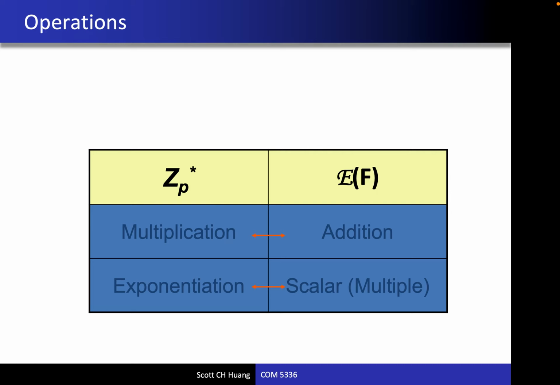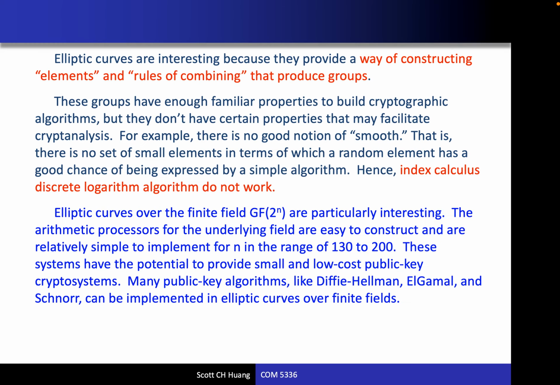You simply replace every multiplication by the point addition. That's it. And you replace every exponentiation by the scalar multiple. That is enough. In 99% of cases, that will give you a new algorithm using elliptic curves. Let's take a look.